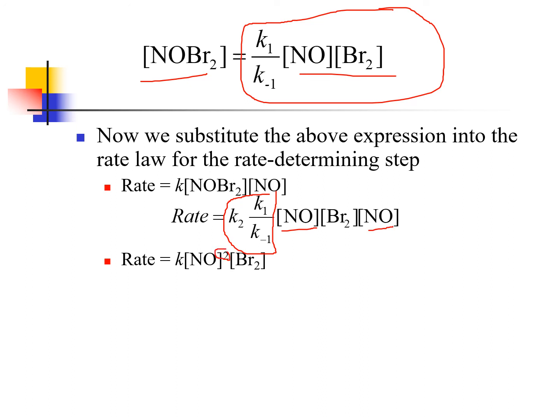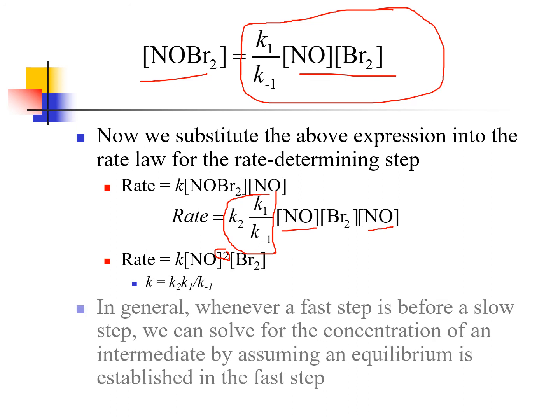So that gives me the rate law. This is the rate law for the overall. So in general, what I did, really, is I took the intermediate, took the first equation, the fast step, and solved it for the intermediate. Then I plugged that back into the rate law.